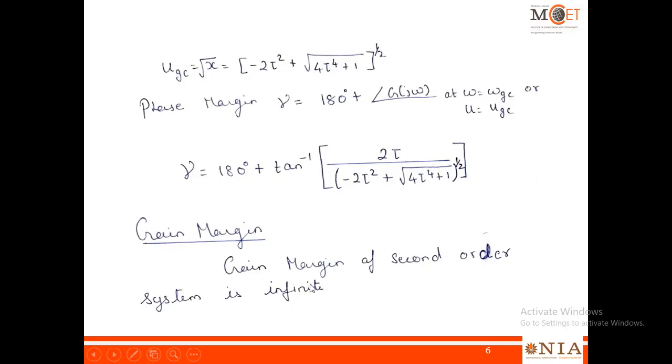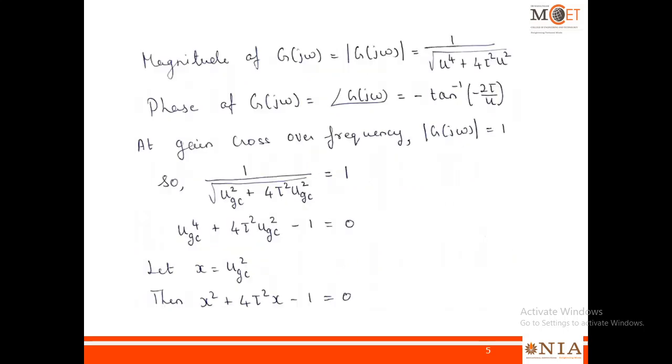Once again reiterating, Kg, that is gain margin, is equal to 1 by the magnitude of G of j omega at pc. You will get the phase crossover frequency as 0, because when I equate the phase to minus 180 degree, as per the definition of phase crossover frequency, the phase of the open loop transfer function is equal to minus 180 degree.